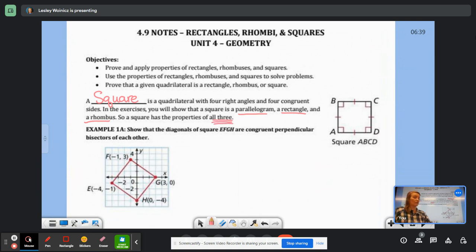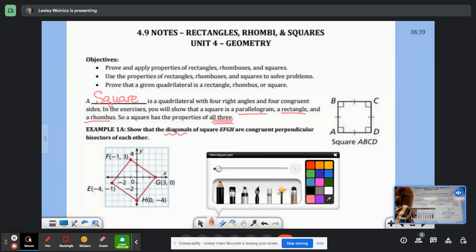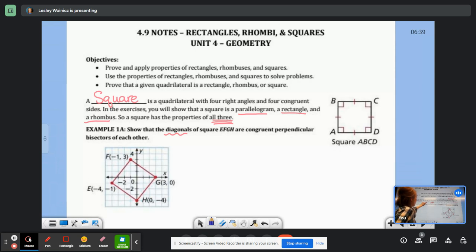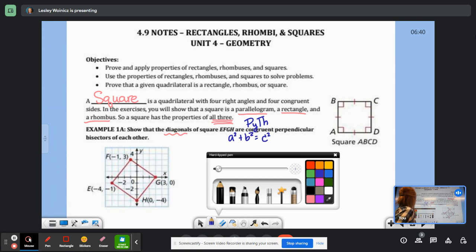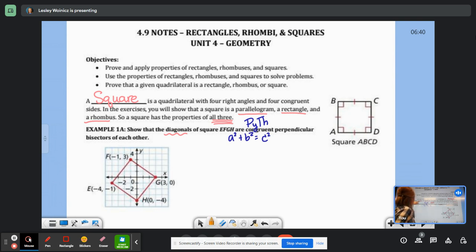Okay, so we are going to show that the diagonals of this square are congruent, perpendicular bisectors of each other. To show that the diagonals are congruent, we're going to use the Pythagorean theorem, that's a squared plus b squared equals c squared. To show that they are perpendicular, we're going to use slope.